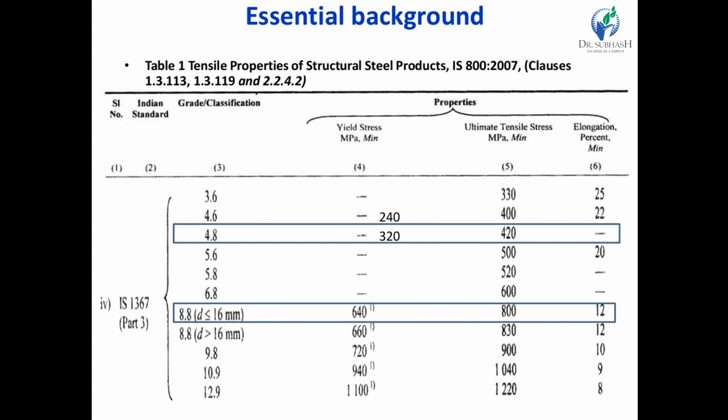Next, essential background. Table 1 of IS 800:2007 describes the tensile properties of structural steel products. You can see the grades are described there, and the properties yield stress and ultimate stress are given.